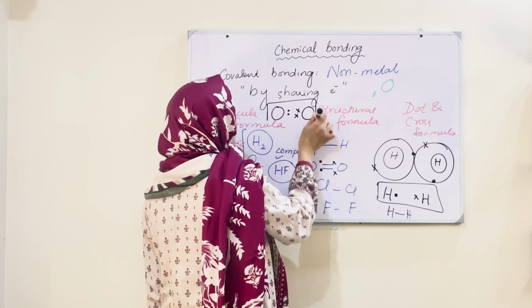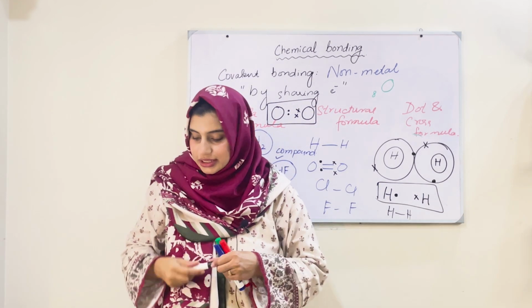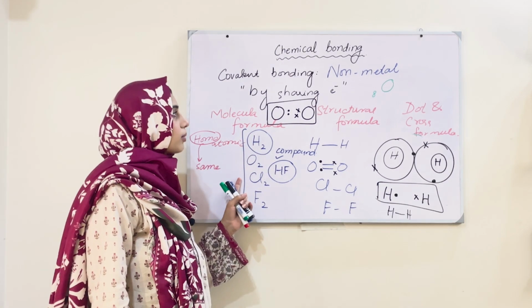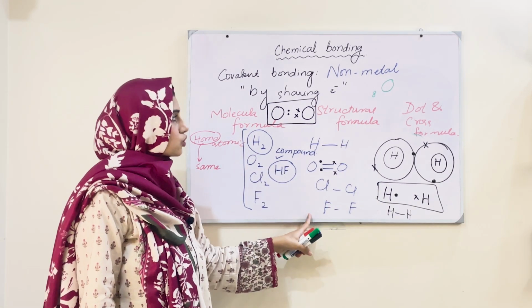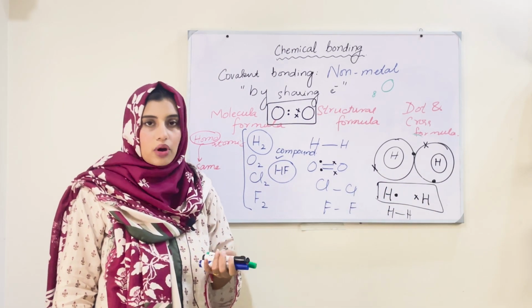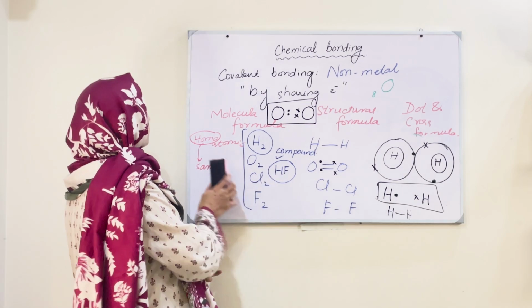So this is the dot and cross formula. I hope it is clear to all of you what a covalent compound is, how the molecular formula is written, how to write the structural formula, what dot and cross is, how covalent bonds are formed, what sharing is, and how electrons are shared.